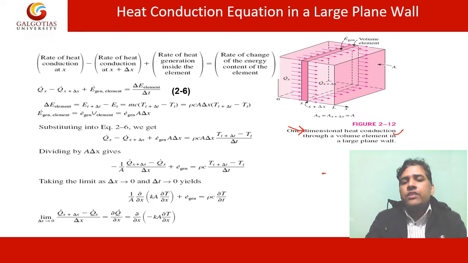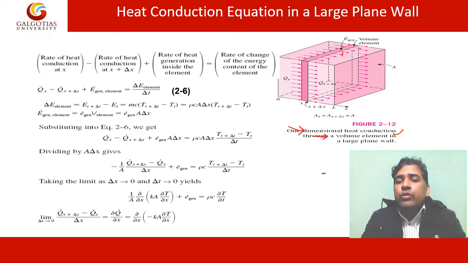Heat enters from this side and leaves from this side. Let us say that the heat entering at this plane is qx, and the heat that leaves is q(x plus dx). And some heat is being generated within this volume element, as you can see here.